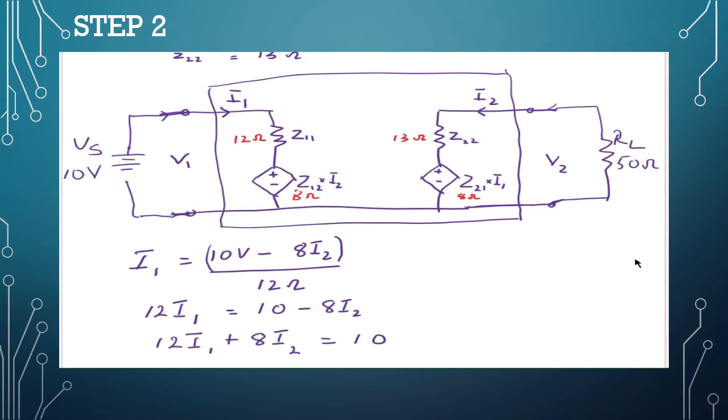All right, so we can say then that negative I2 is equal to 8 I1, this is the voltage, 8 ohms by the current, divided by 13 plus 50 ohms.